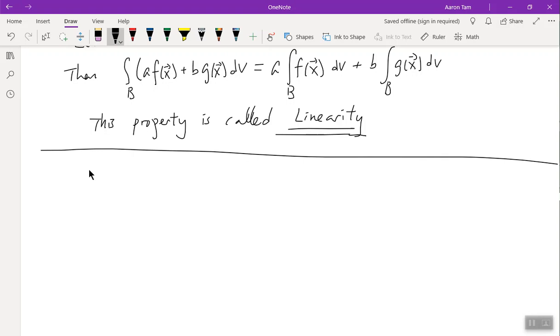The next one is theorem 7.3.2, which states the following.